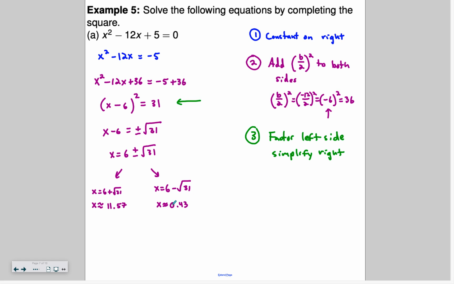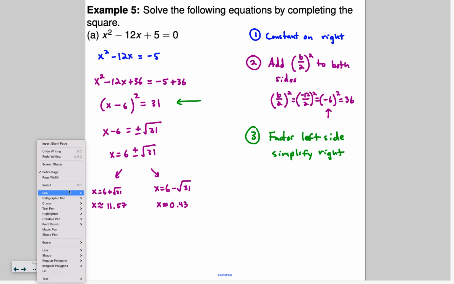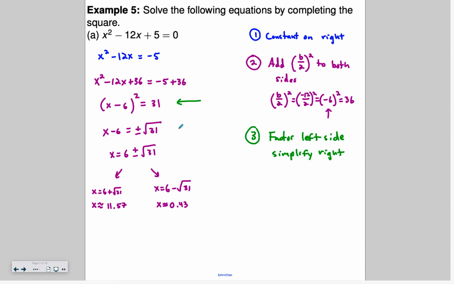Yeah, all right. Sweet. And then we'll do red. The last step is right here. Step 4 is square root and solve. Boom. Boom. Goes the dynamite.